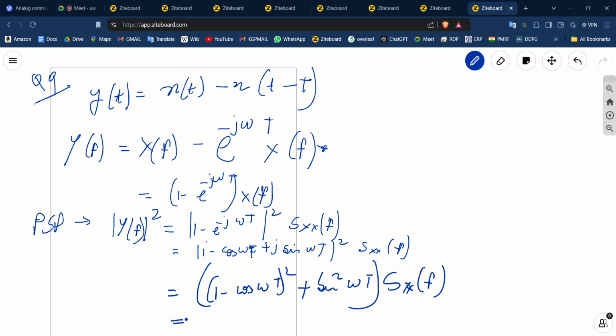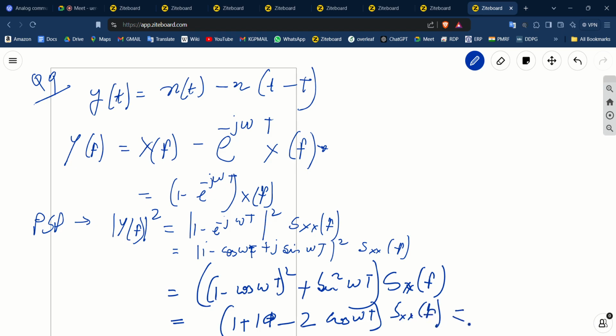So this will be 1 plus cos square omega T plus 2 cos omega T. So 1 plus cos square omega T plus sin square omega T is another 1, minus 2 cos omega T, Sxx(f).